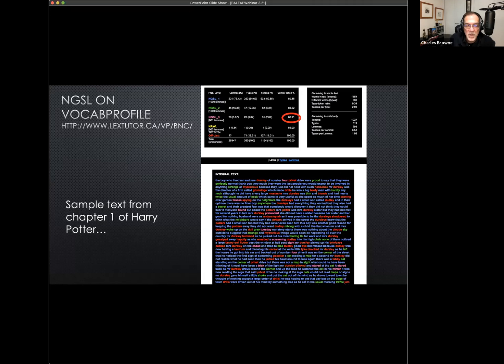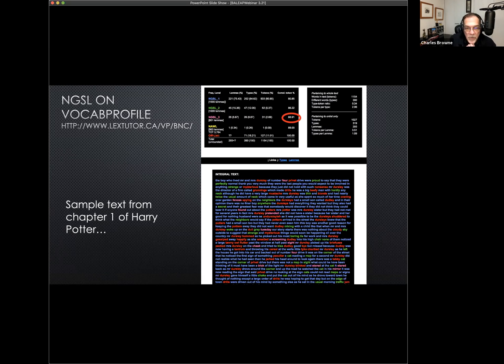And the reason is, if you look at the red words, there are many proper nouns. The first line is Dursley, and then you see Dursley and Dudley and Potter, as in Harry Potter, and many times Potters and Potter. Vocab Profile doesn't automatically remove proper nouns. In my OGTE tool, we have about a 90,000 word proper noun database, so a lot of that is done automatically.